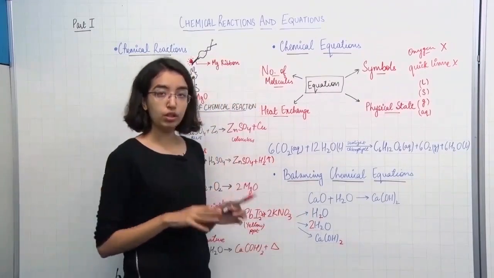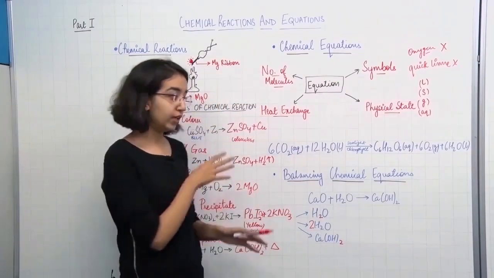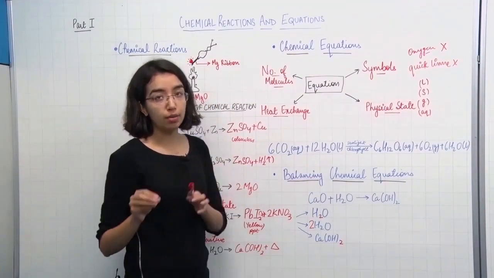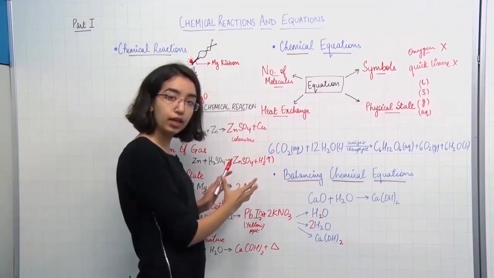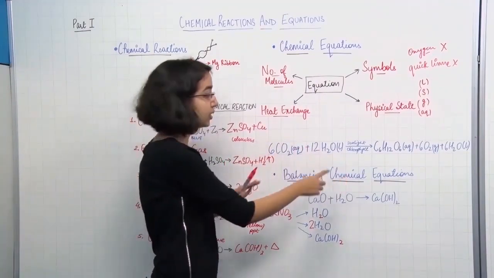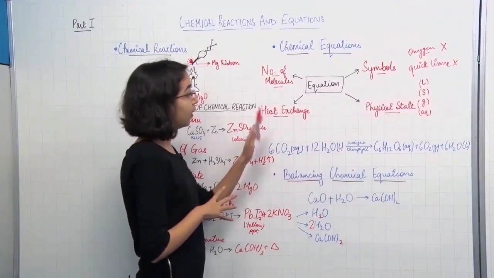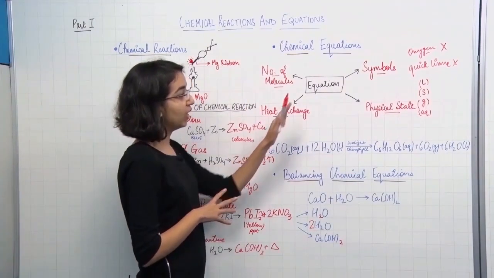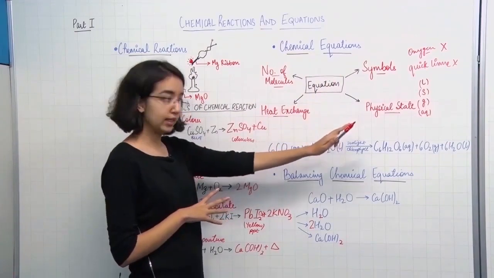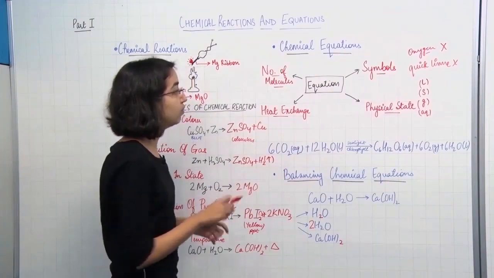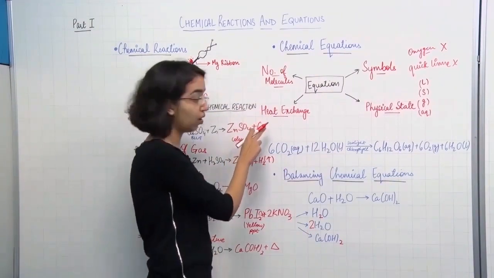So a chemical equation is a representation of the chemical reactions only, but in the form of reactants and products. Reactants are always on the left hand side, products always on the right hand side with an arrow in between, and it represents the number of molecules, the heat exchange, the symbols and the physical state of the elements. Now this is an ideal chemical equation because it is satisfying all these components.